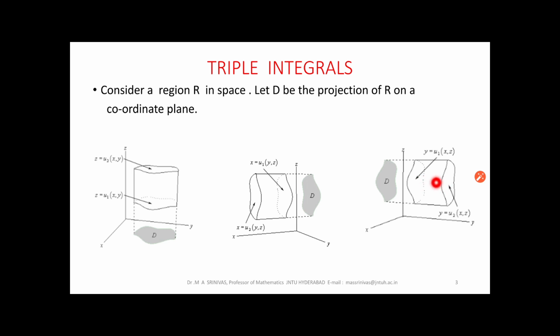And the other two coordinates, x and z, will move in the region D on the xz plane. That D is the projection of this region on the xz plane. So this is how we generally look at a region R in space to find out a triple integral.